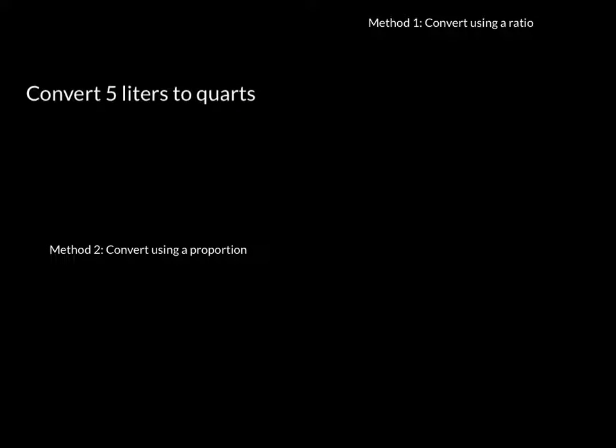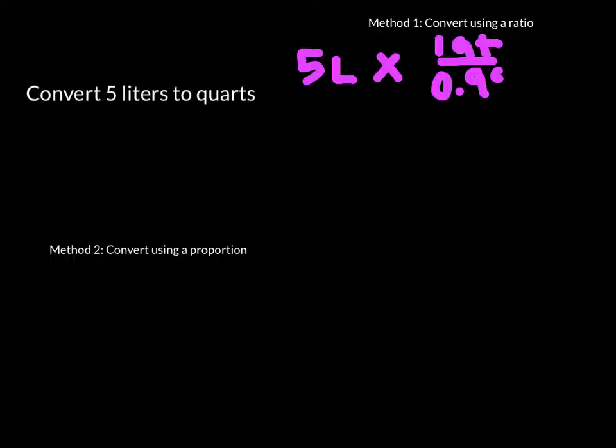Okay, so example 1 is saying convert 5 liters to quarts. There are two ways that you can do it. You can convert using a ratio, and you can convert using a proportion. The first way is using a ratio. We write down our 5 liters because that's what it wants us to convert. We multiply it times the ratio, which is 1 quart over 0.95 liters, because there are 0.95 liters in 1 quart.